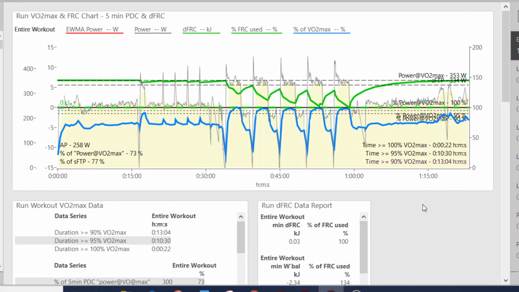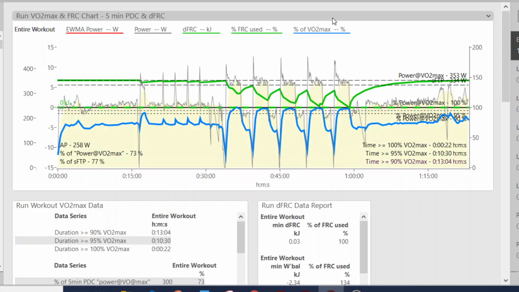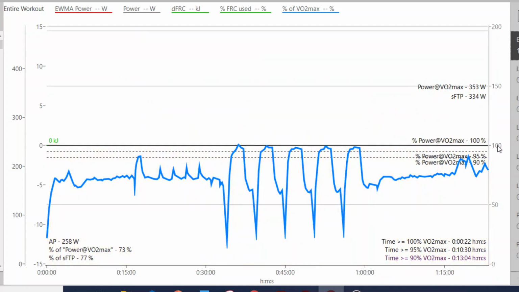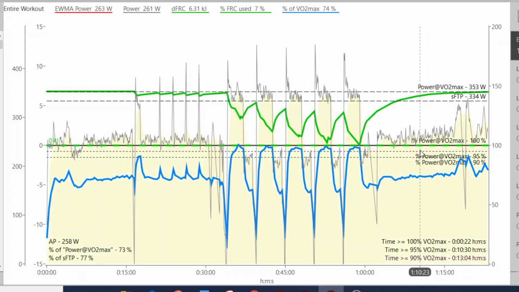So let me come back up here and enlarge this chart because I want to focus on that just a little bit. So there you go. This chart is at the center right here, this horizontal line, it represents 100% of power at VO2 max right here.